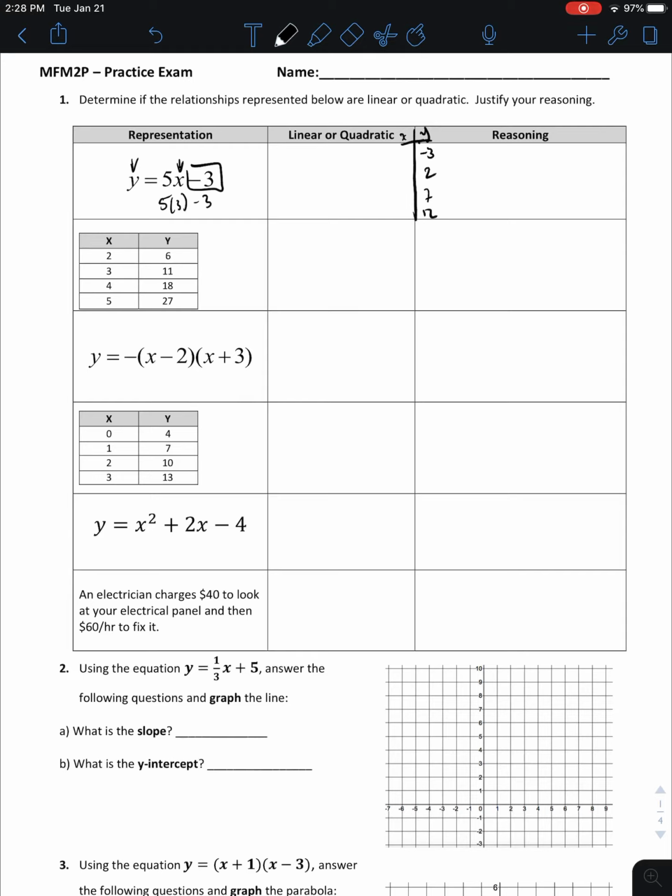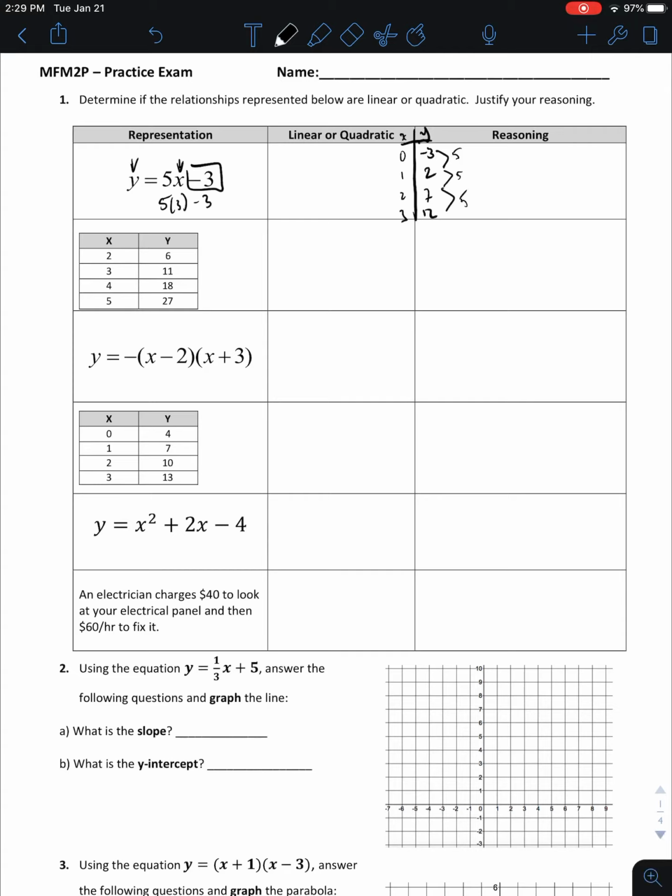We could draw a table of values here where we have x and y, and we're going to put in 0, 1, 2, 3. If we look at what's happening to the y values, they seem to be increasing by the same amount every time. That is the definition of a line: the y values increase by the same amount given a change in x.